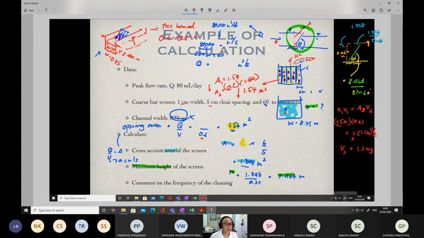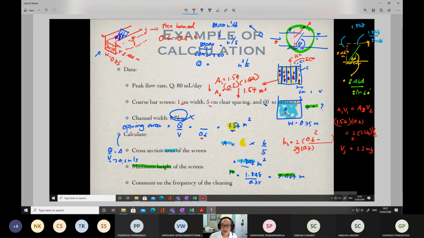You can determine the initial loss. The initial loss can be determined by taking 1 divided by 2g, and of course divided by 0.7, times 0.6 squared, minus the approach velocity.